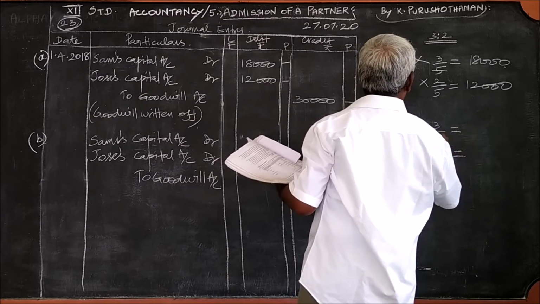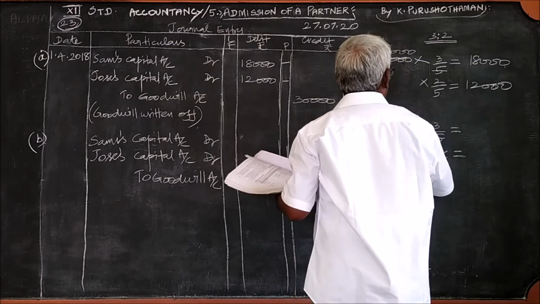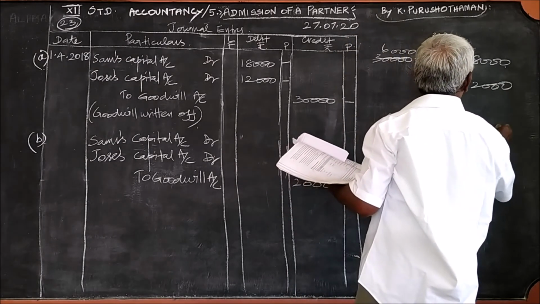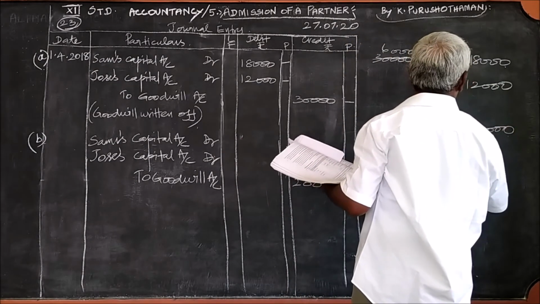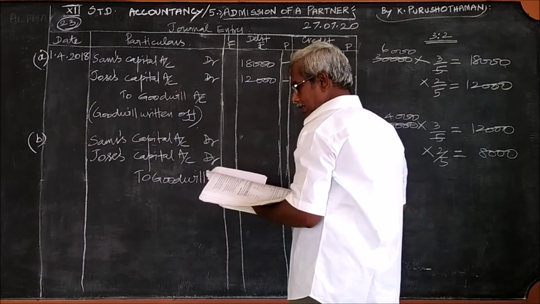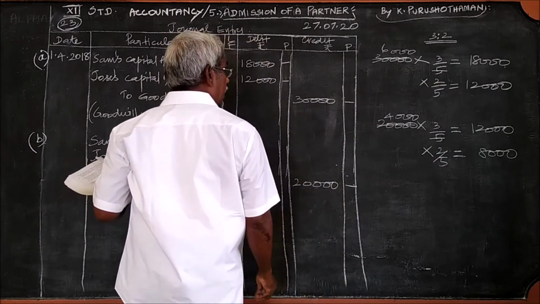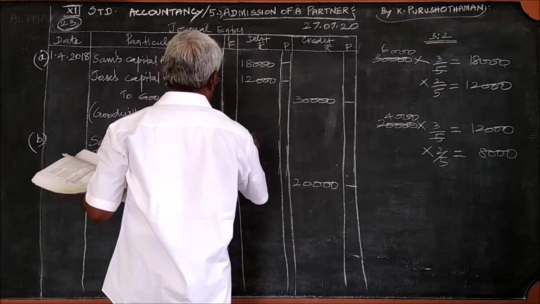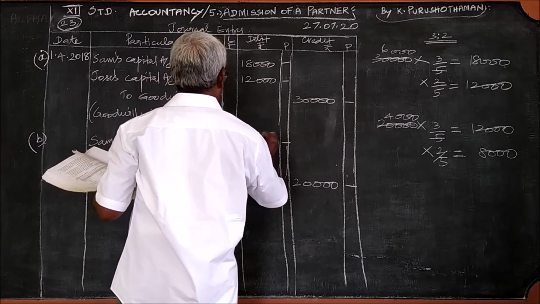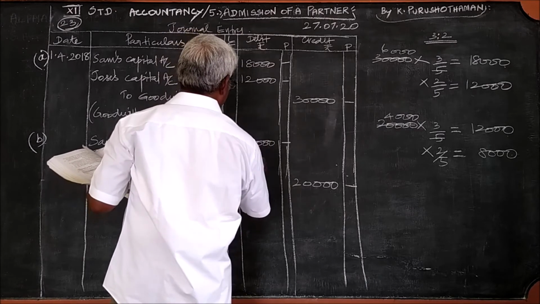This is as usual, 5 fours are 20,000. So 3 times 4,000, 12,000, and 2 times 4,000, 8,000. Here Sam's capital account is 12,000 and Joe's capital account is 8,000.